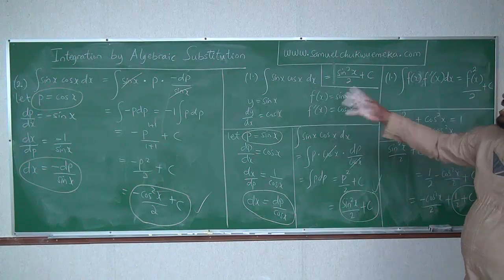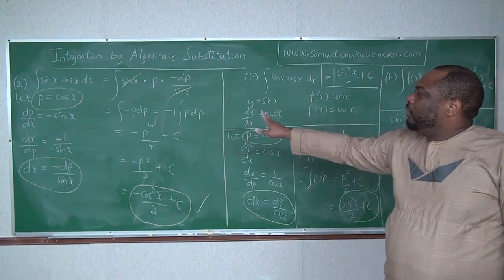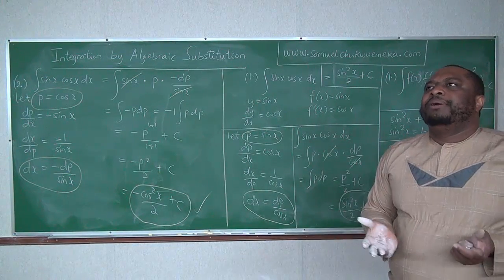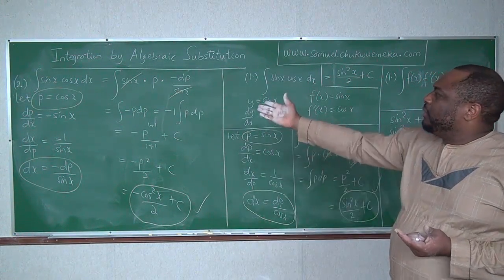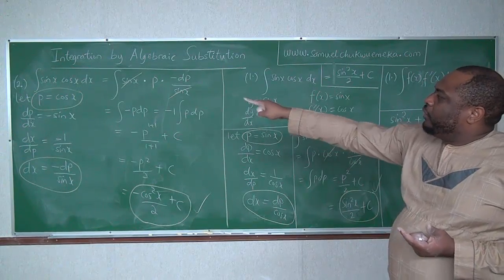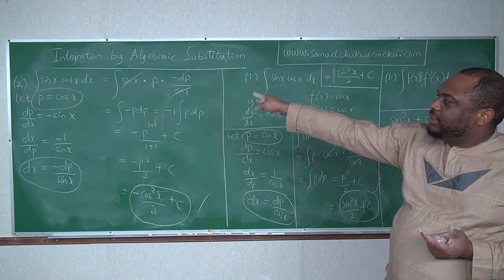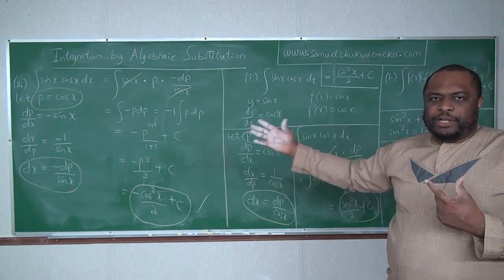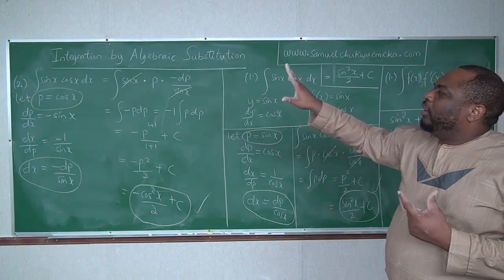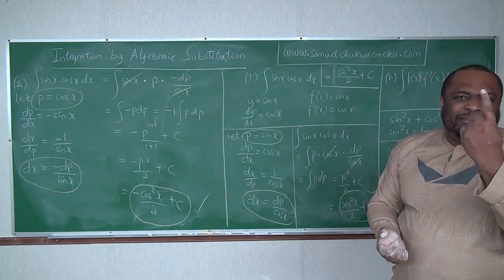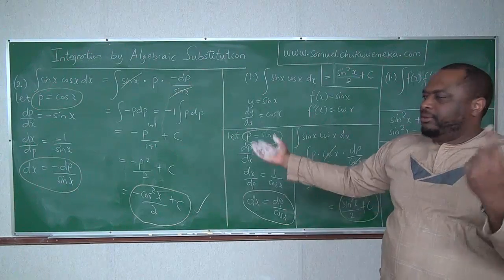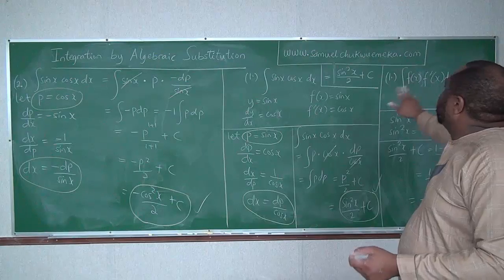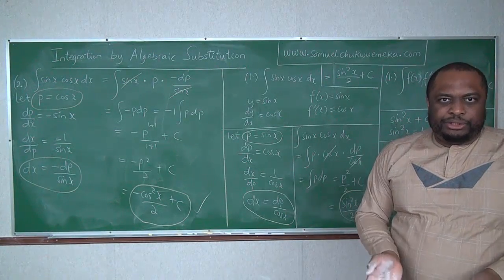Anytime it looks like this, even if you see that you don't have minus sine x cos x, you can still use that algebraic substitution. If it's just missing a negative, you can still use it. It doesn't matter.